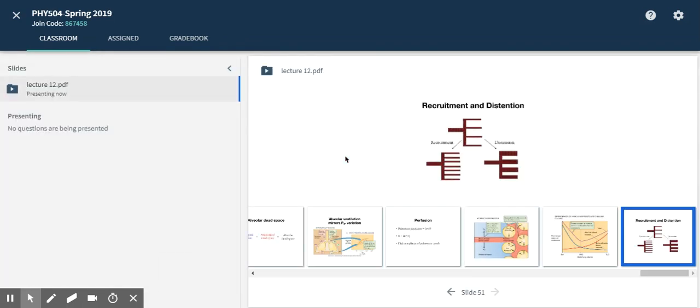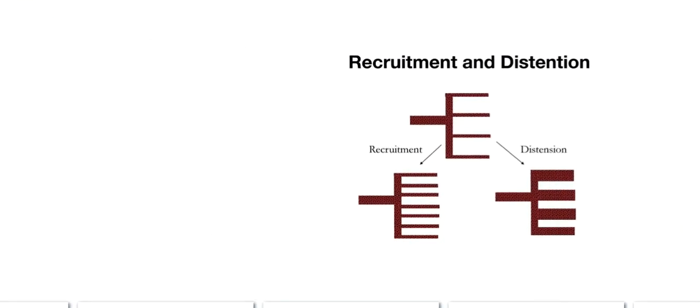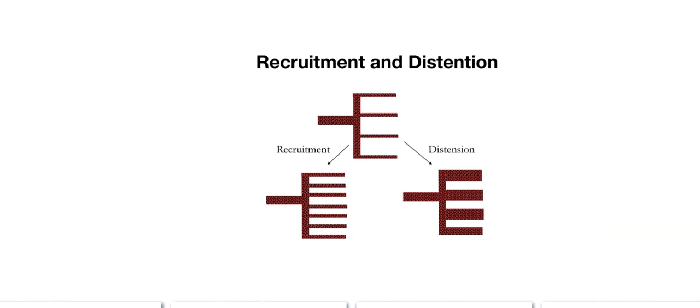Okay, so the last thing we left off on was we were talking about recruitment versus distension. This has more to do specifically with the types of airways and the types of blood vessels that are going to be used. The two terms are both going to contribute to an increase in the ability to ventilate and perfuse and have increased gas exchange, but it's going to really depend on the difference in the definitions.